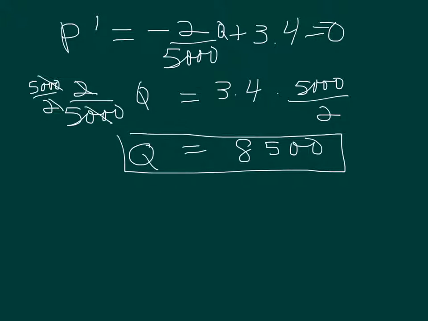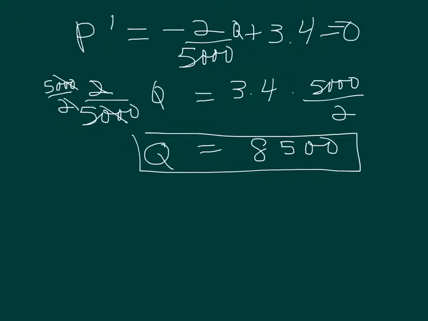At this point, what we want to do is make sure that that Q is really maximizing my profit. So we're going to analyze the second derivative. So look where your first derivative is right there, and we're going to do the second derivative. So P prime prime is going to equal negative 2 over 5,000. And because it's not dependent on Q at all, you can confidently say that this is always going to be less than 0.